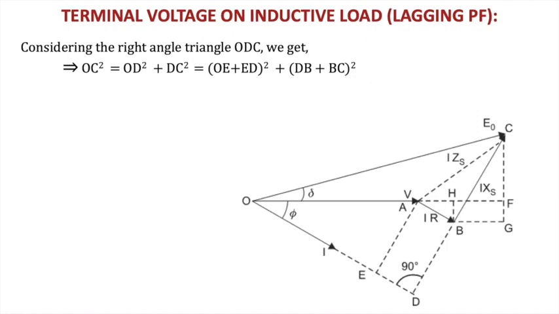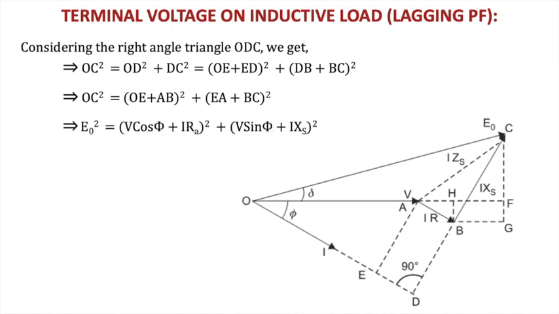So we can consider the terminal voltage for the inductive load as OC square equal to OD square plus DC square, then you have divided into two parts. OD will be divided as OE plus ED, where ED will be equal to your IRA drop, and DC is divided into two parts, BD and BC, and then BD is equal to EA.